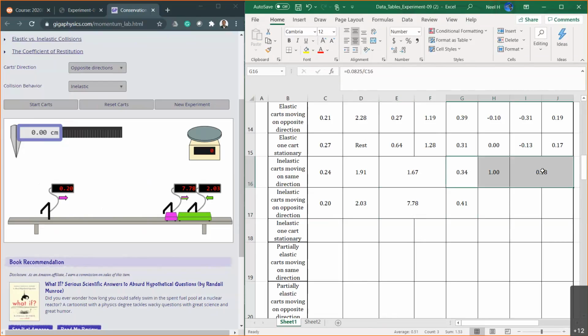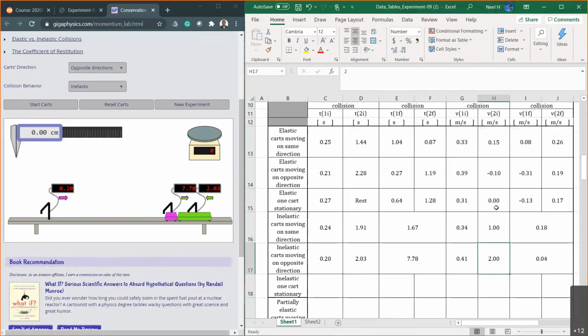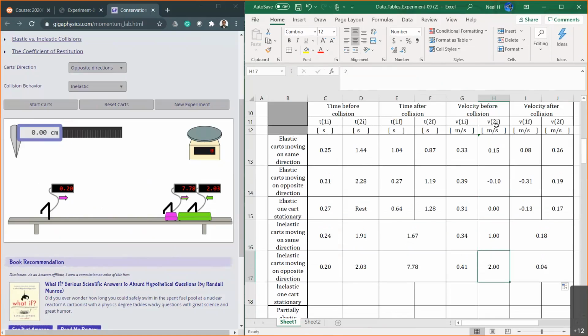You can click and drag this now because it will do the calculation correctly, because I merged these two cells and these two cells, so this one merges automatically. The only correction we have to do is for this one, because card number 2 before collision, v2i, must be negative, right? So I need to multiply this number by a negative sign.